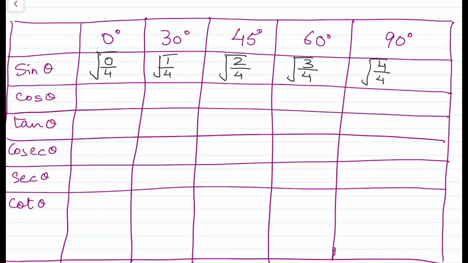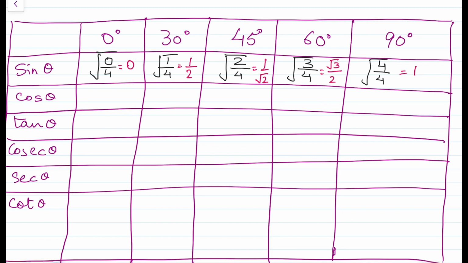Now just simplify those. 0 over 4 is 0, square root will be 0. Square root of 1 is 1, and square root of 4 is 2, so that is half. The next one is square root of 1 over 4, which is half, and then square root will give you 1 over root 2. Next will give you root 3 over 2, and 4 over 4 is 1, will give you 1.